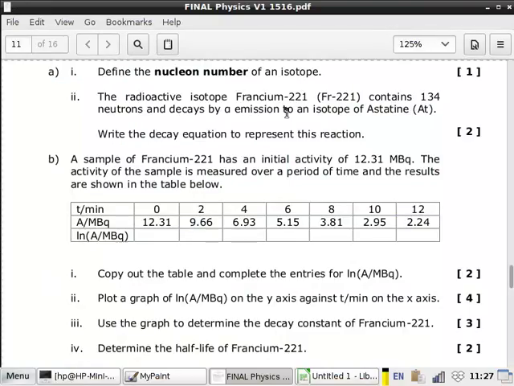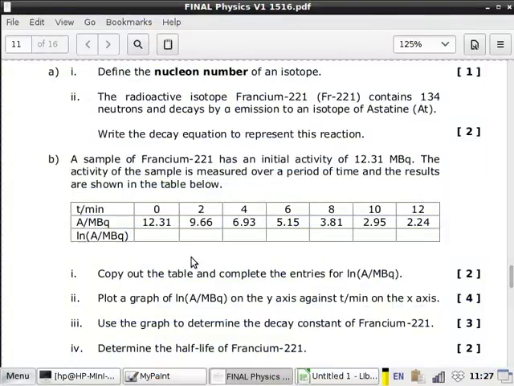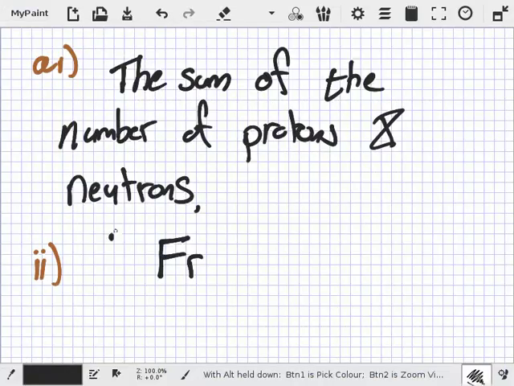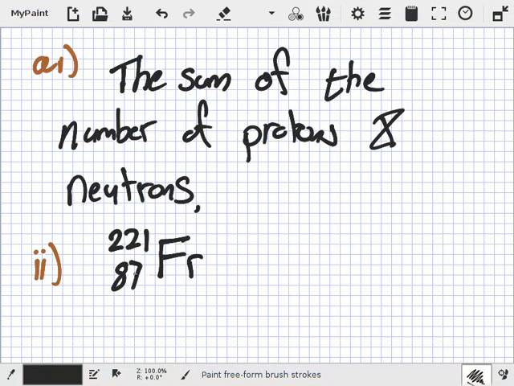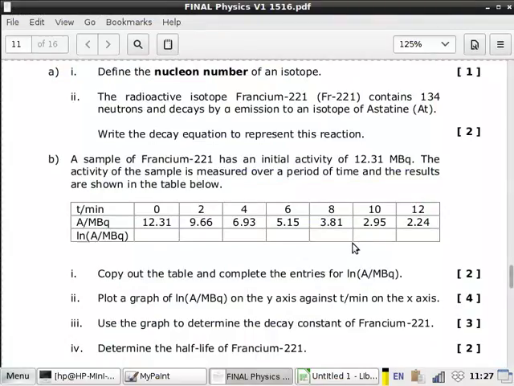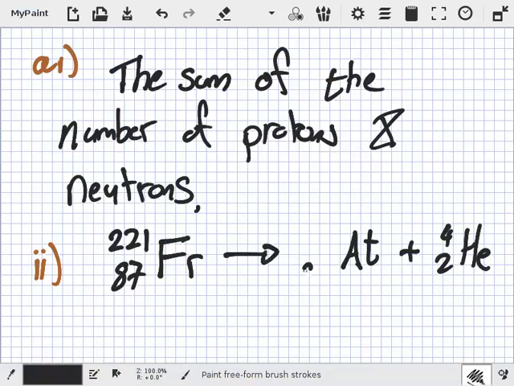Francium 221 contains 134 neutrons and decays by releasing an alpha particle to become astatine. Right, so write down the equation. Francium 221, 87. That becomes astatine, is it? Yes. Now, because there's an alpha, this one has to be 85.